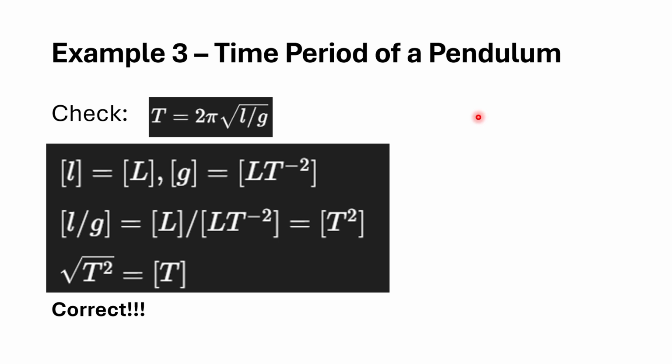When we have L in the numerator and the denominator, both will cancel out. So the L and L will cancel out. We will be left with only 1 by T raised to the power minus 2.